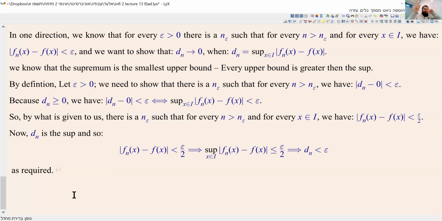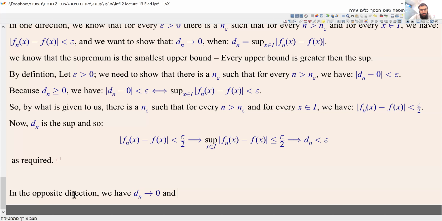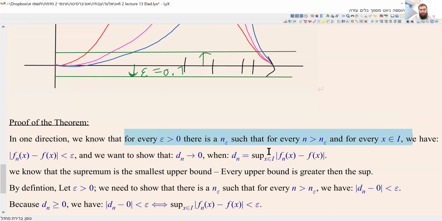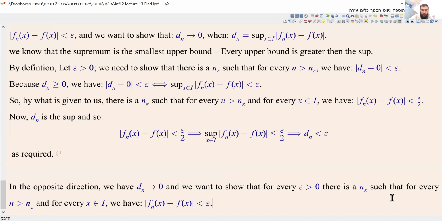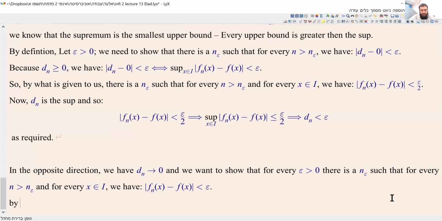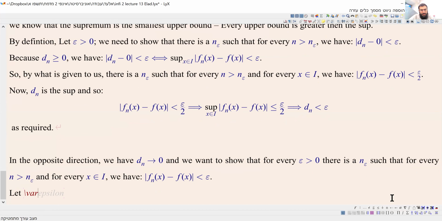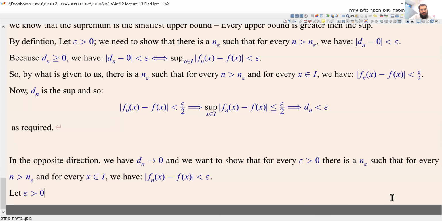So in the opposite direction, we have dn goes to 0, and we want to show that for every epsilon the uniform convergence condition holds. Let epsilon be some positive number.